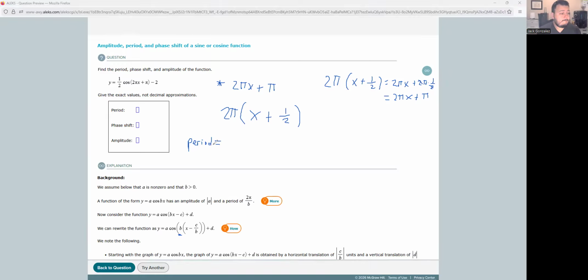Period is going to be 2 pi over B. But in this case, the B is that 2 pi, so they're going to cancel completely, which is kind of interesting.